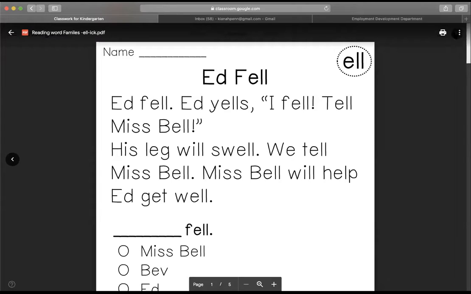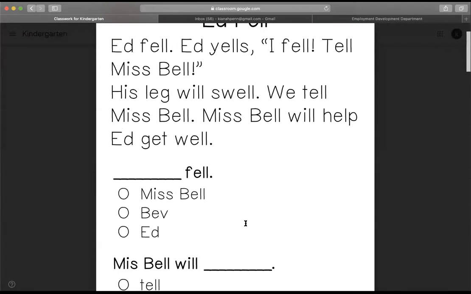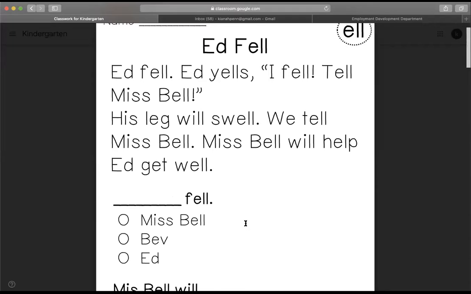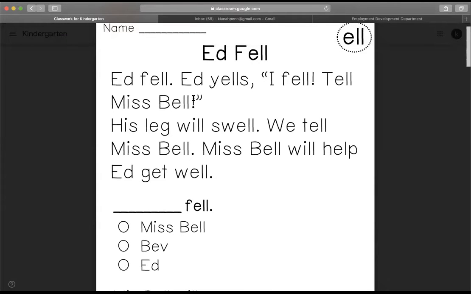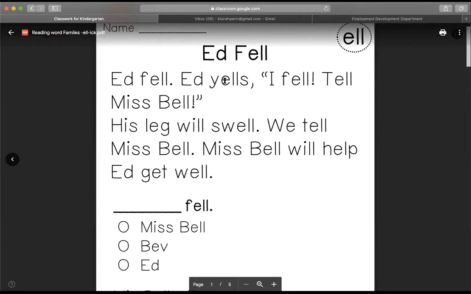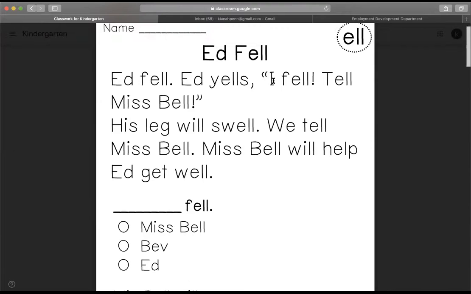So you guys, it's not mandatory, but if you can read the prompt below to your parents before you go to bed, it would be great. If not, it's okay as well. It's just good to practice because with this specific prompt there are quotations, so you're able to act out what it is saying above. When it says Ed fell, Ed yells, you can yell out, I fell, tell Miss Bell.